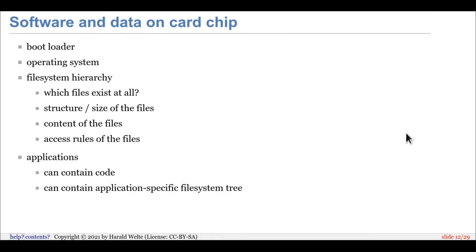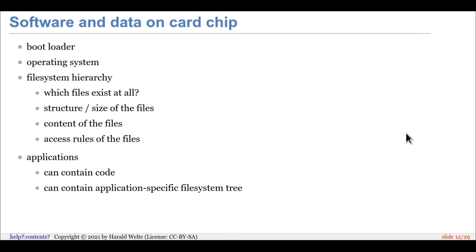And that basically is what kind of software and data do we have on the card? Well, first of all, there's typically a bootloader. That bootloader is in most cases a ROM-based bootloader. Sometimes it can also be flash-based, depends a bit on the architecture. If you have multiple layers of loaders or so, then we have the card operating system itself.